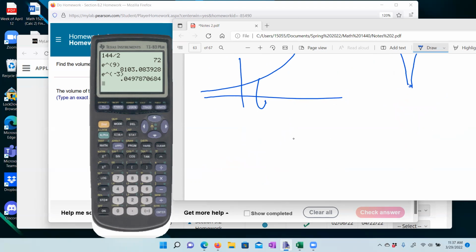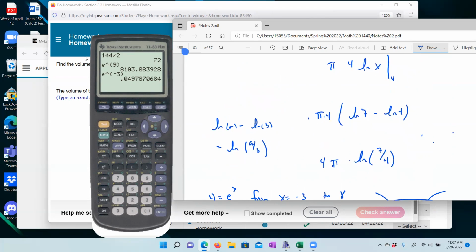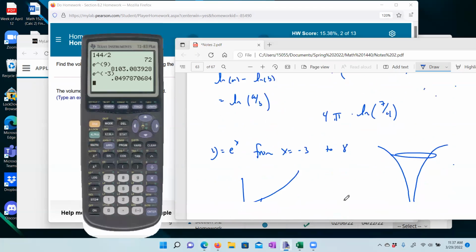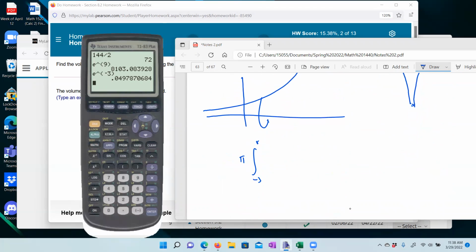But pi integral from negative 3 to 8. Is it 8 this time? It's 8. And then this one is going to be e to the x squared dx. So this is negative 3 to 8. This is e to the 2x, because rules of exponents, we multiply, dx, put a pi out here.